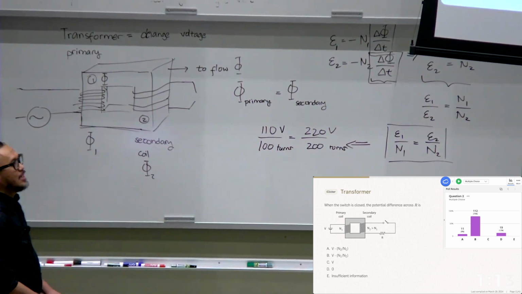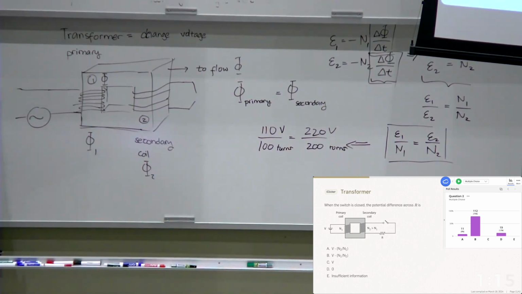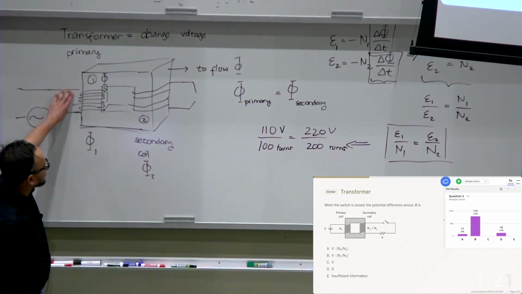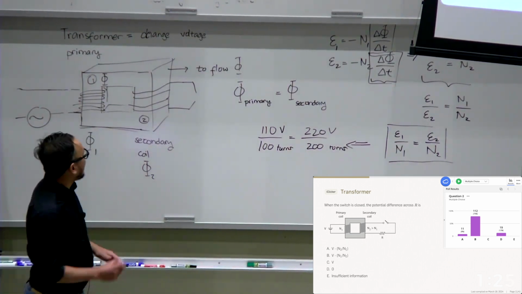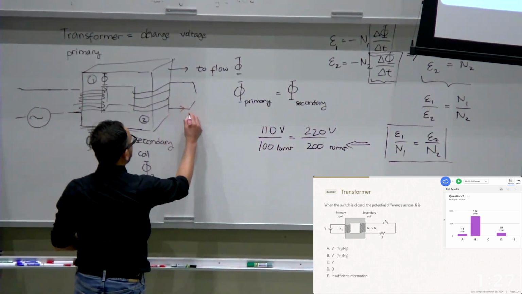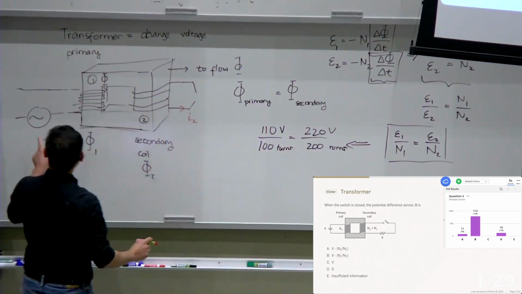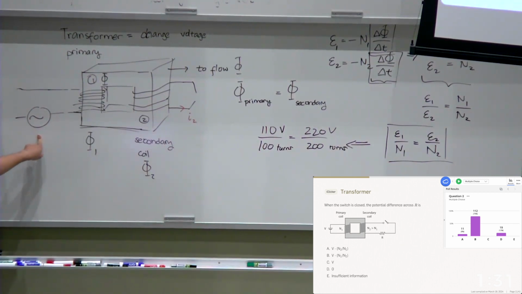Let me give you the 1-minute version of the last 40-minute lecture. For a transformer to work, to generate anything at the other end, we need AC currents.